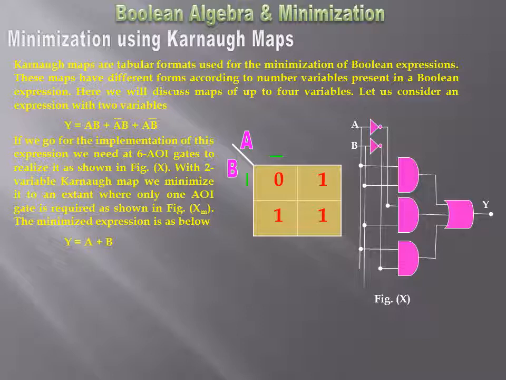Now how to minimize? We generally make the pairs, quads or octets of the ones in the Karnaugh map. So we can pair like this.